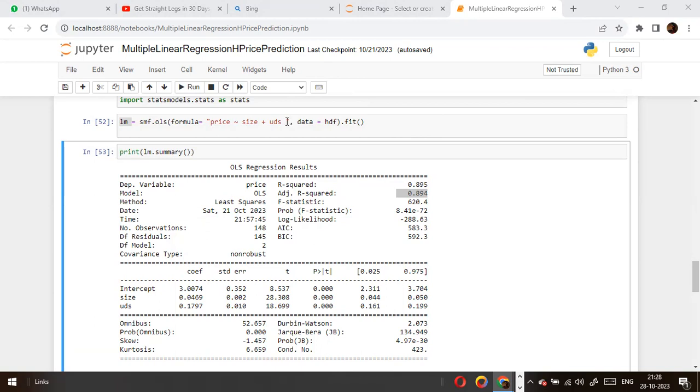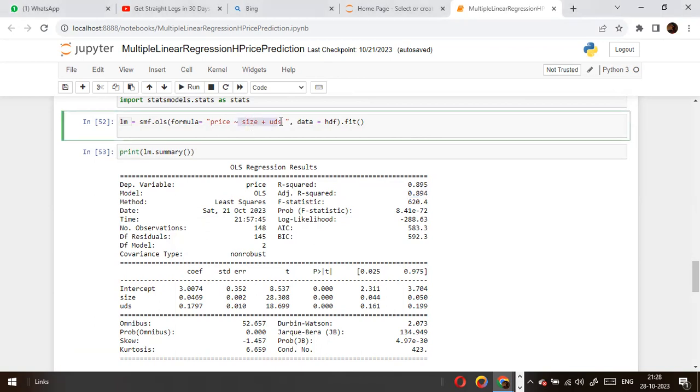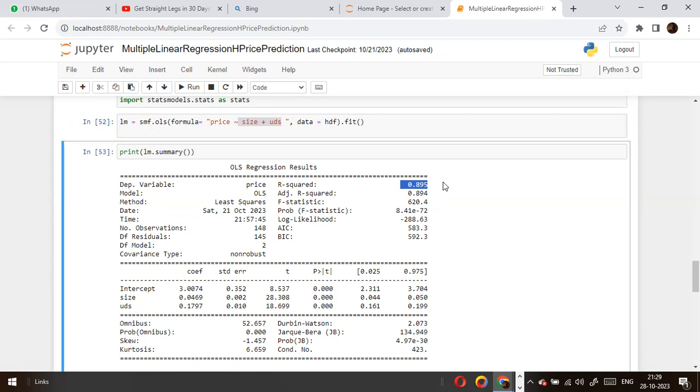You remember park and MISC? Those two input features were not at all helpful in predicting my outcome variable price. But in the case of R squared, when you add more features, size plus UDS plus park plus MISC, just because you have more features, it blindly increases this value.